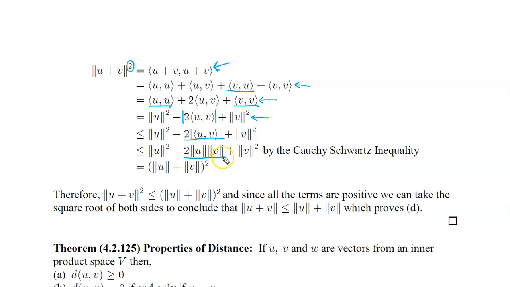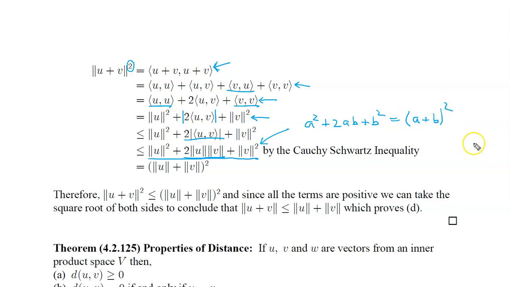And then we can notice that this is equal to norm u plus norm v, the quantity squared. You see what we have here is really just like a squared plus 2ab plus b squared, and that's equal to a plus b squared.